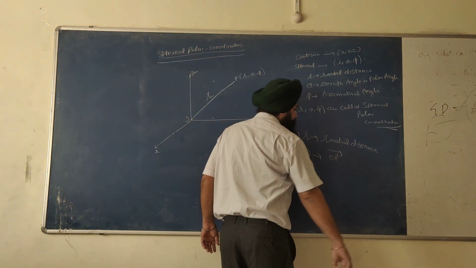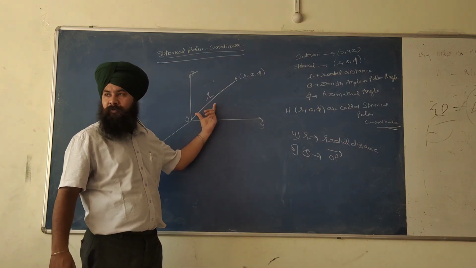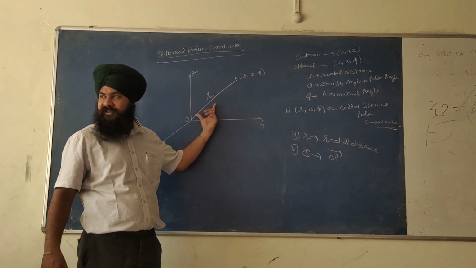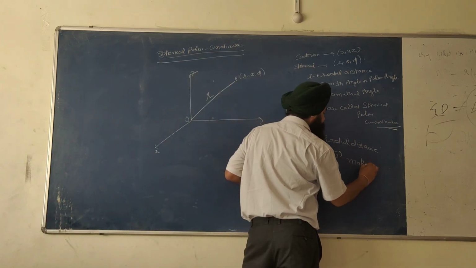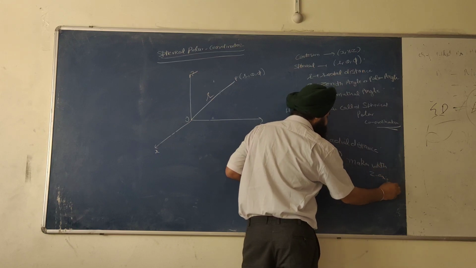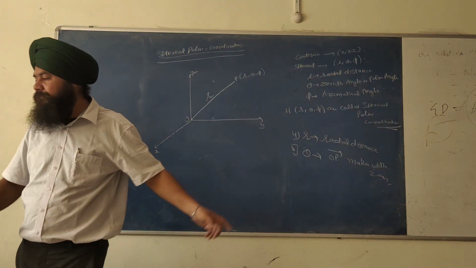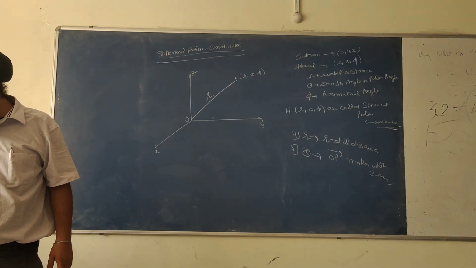The radial vector OP makes with the z-axis.